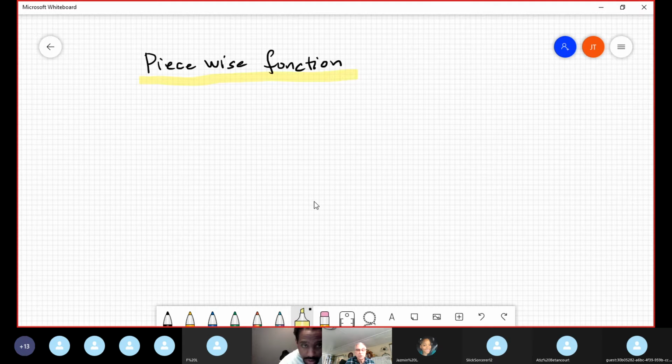Okay, a piecewise function is a function that you cannot define using only one piece. You know, you define it using multiple pieces. And real life is so built that in a complicated problem, you cannot model the problem mathematically using only one expression, no? Using several.